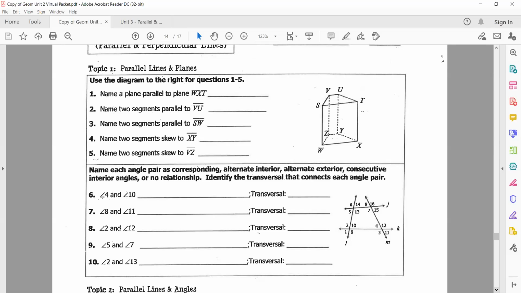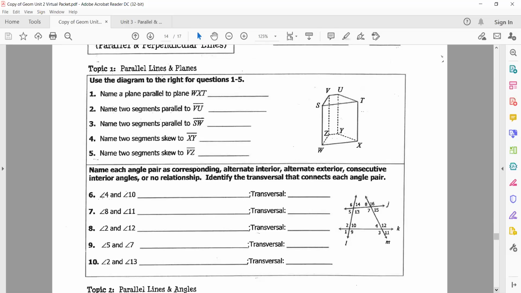Consecutive interior angles. If you took your finger and started where the letter K is and followed that transversal down the line from right to left, and you hit one angle right after the other, that means they're consecutive. It's like counting 4, 5, 6, 7. Those are consecutive numbers. Well, here the consecutive angles are 4 and 10 and 3 and 9.